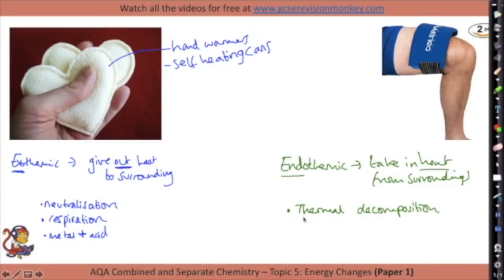Looking at their name, they use heat, thermal, to decompose or break things down. So they need to take in heat to break down particular chemicals. Photosynthesis, which is the opposite of respiration, is an example of an endothermic reaction. And practical uses are things like sports injury packs.